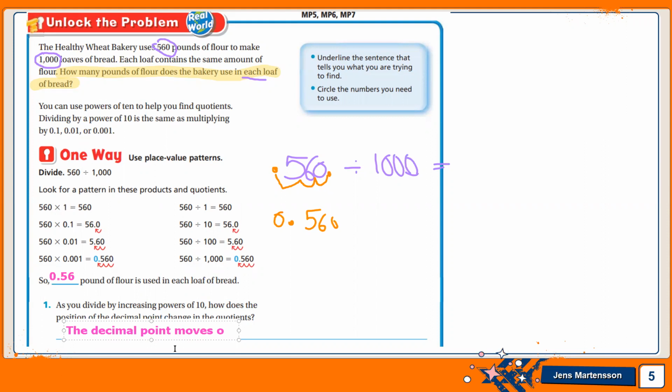Yeah, so it moves to where? Moves one place to the left. Yes.